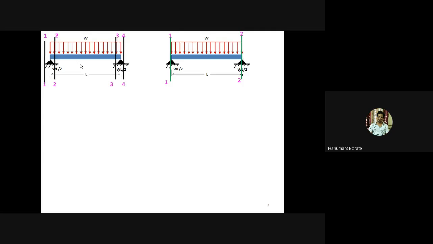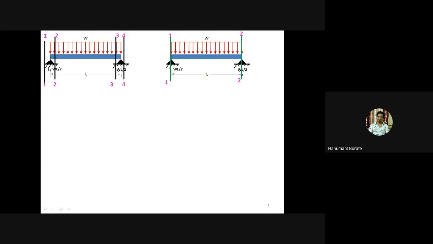The second rule is at the start of UDL and at the end of UDL. Third is at the start of UVL and at the end of UVL, because these are the critical points. Critical point means at that point the SF value changes drastically, right? So to know that drastic change, we should take sections at all critical points, right?